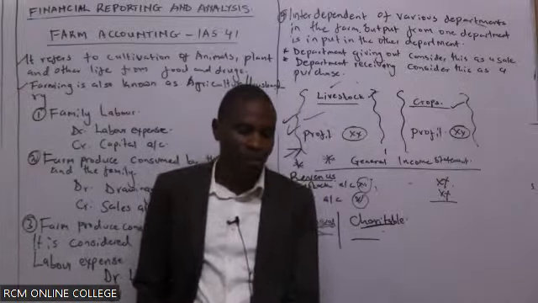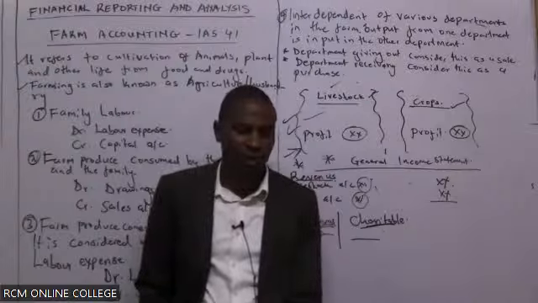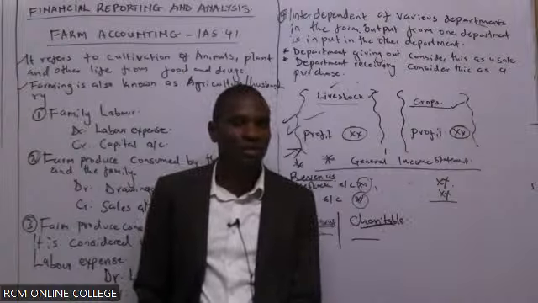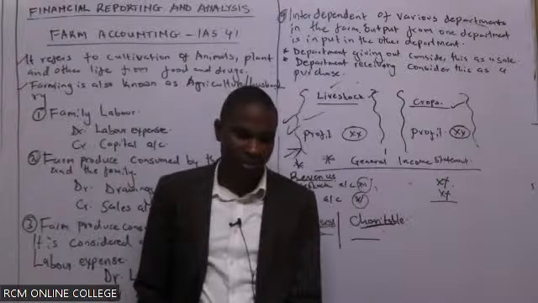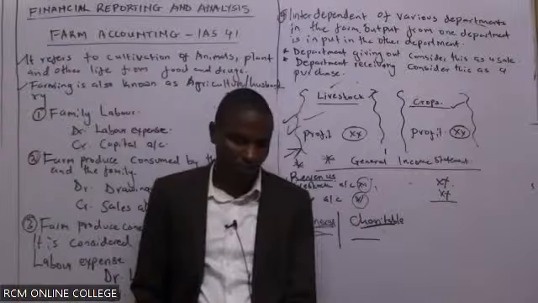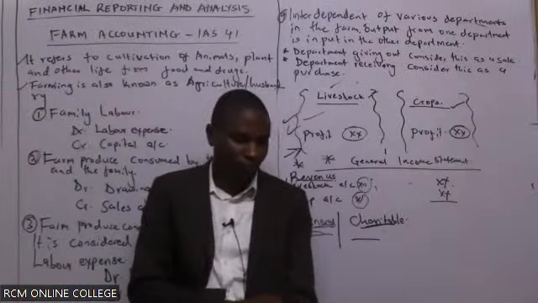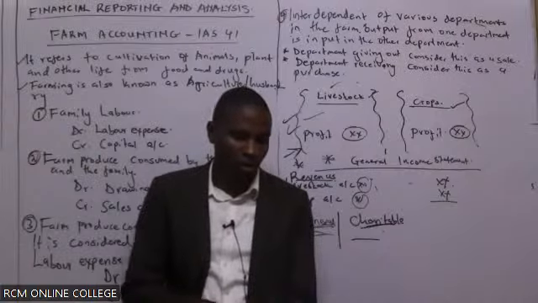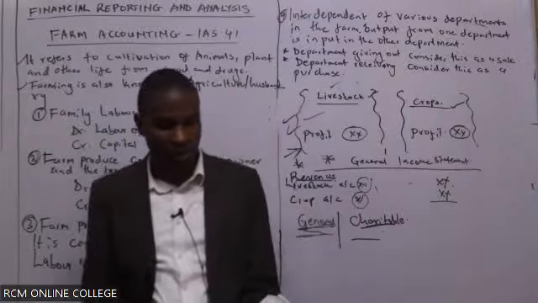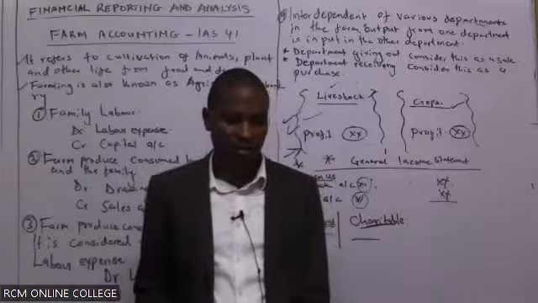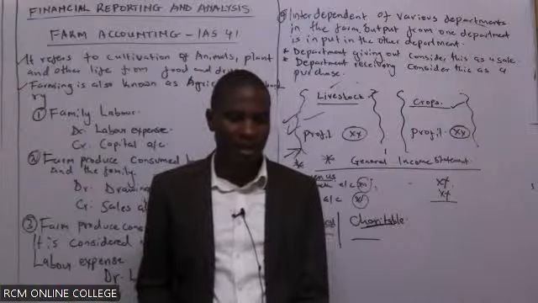Produce donated we treat as sales and as an expense in the income statement. Have an NB: produce donated is treated as sales or revenue and as an expense in the income statement.